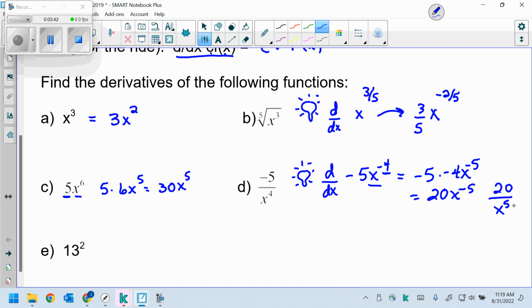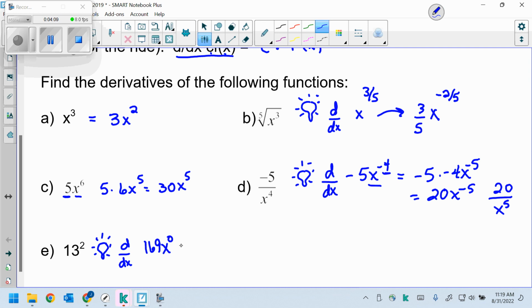Derivative of 13 squared. Well, again, we're going to do some thinking, and we're not going to think a whole lot on stuff like this anymore. Let's think of this as being asked to find the derivative of, let's see, 13 squared is 169, x to the 0, because x to the 0 is 1, anything to the 0 is 1.